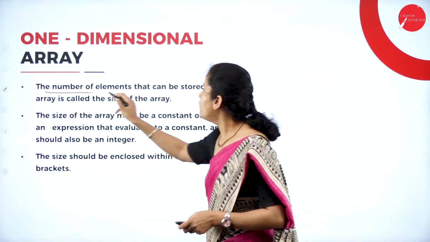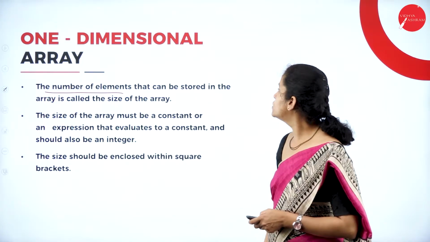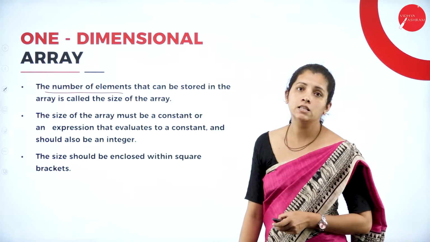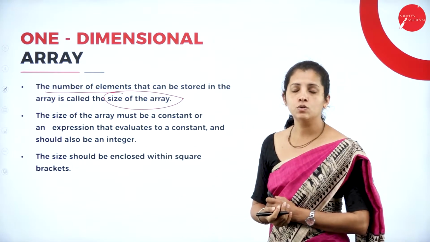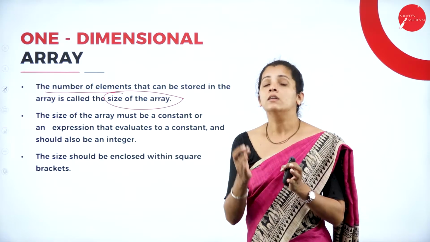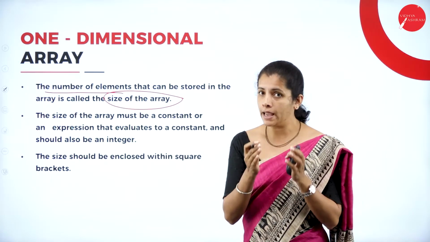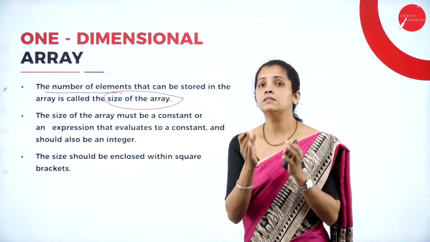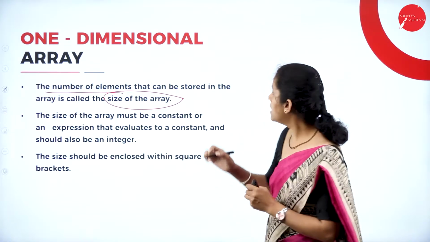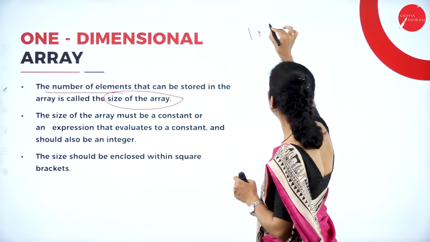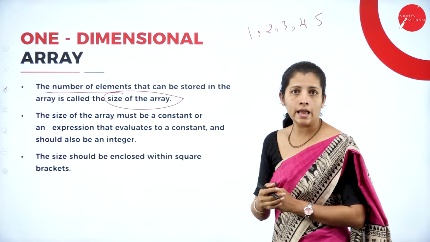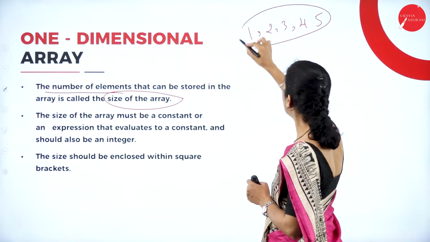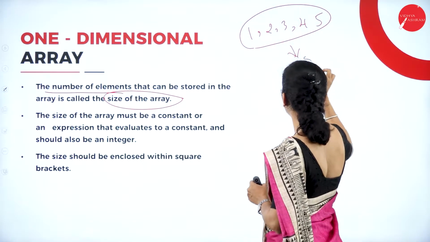The number of elements that can be stored in the array is known as the size of the array. For example, if I store 1, 2, 3, 4, 5 in my array, then what is the size of the array? It is 5.